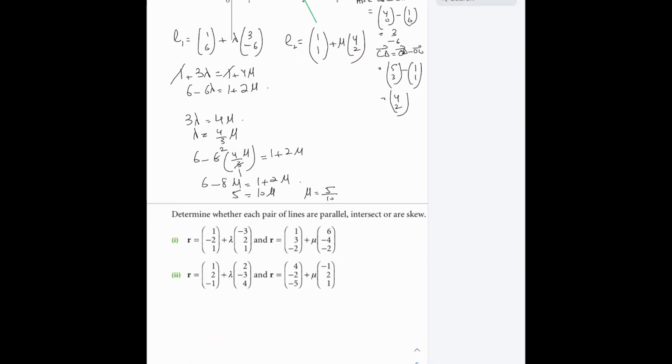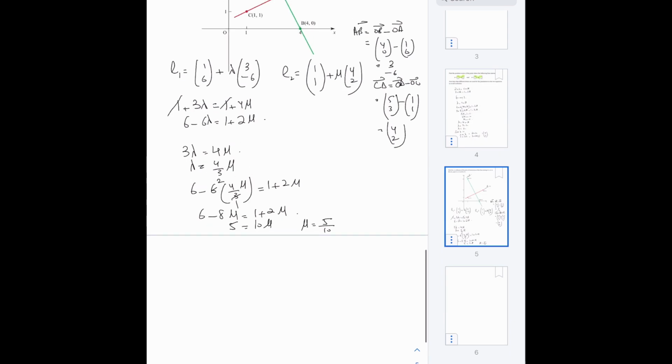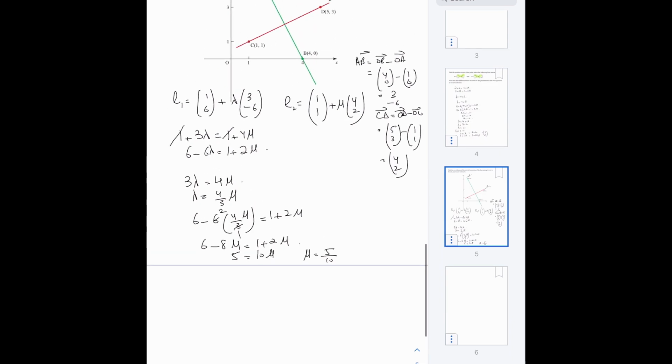Okay, once we get the value of mu as 5 upon 10, we can substitute it in any one of the two equations. Since I have the value of mu, I will substitute it in this equation. Okay, so L2: 1 plus 4 mu, 1 plus 2 mu. 1 plus 4 times 5 upon 10, 1 plus 2 times 5 upon 10.